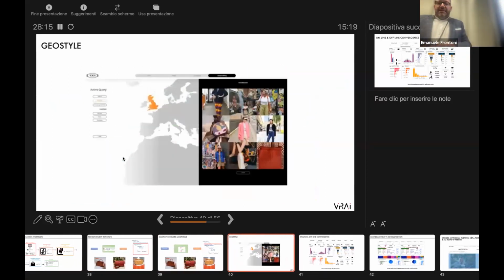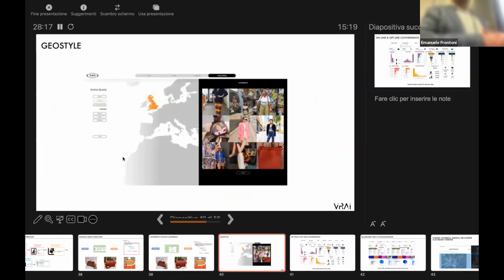And this part is starting from, for example, the geo style. You want to have a look on what happened on Instagram the last week in Tokyo. So you select something, or here we selected the United Kingdom, and we have a sort of summary of the most relevant picture. When we say relevant, during the different pipeline of classification, we can give back a sort of novelty score of the different images that we see, just to avoid showing you 10,000 images always of the same contents.